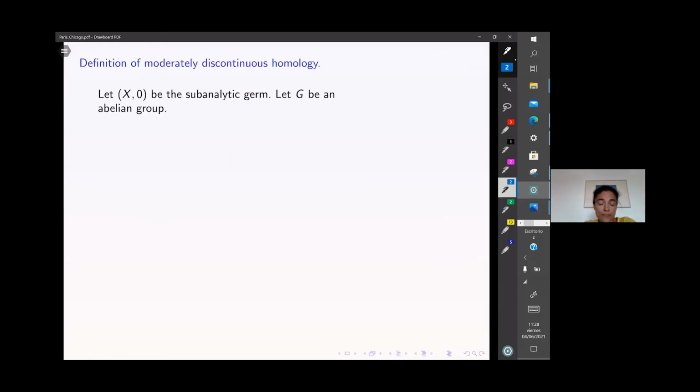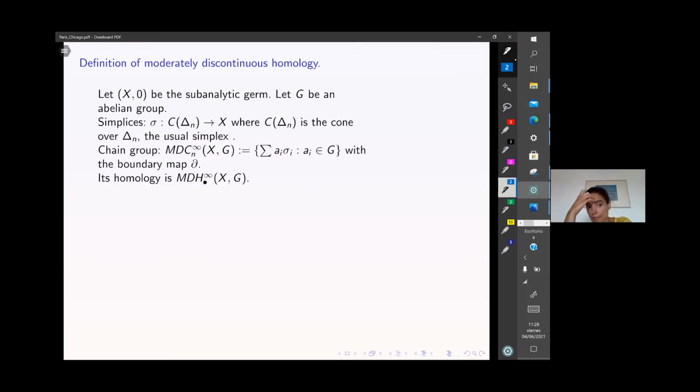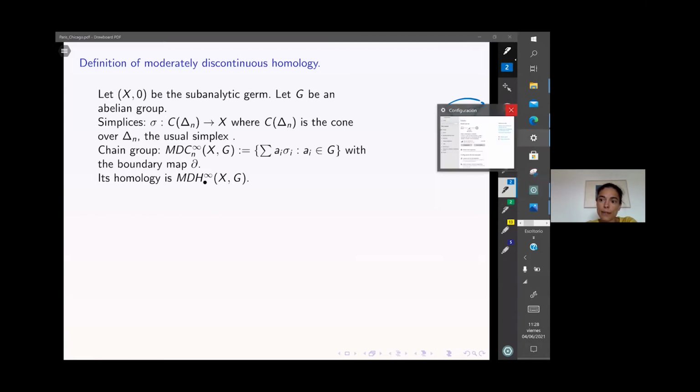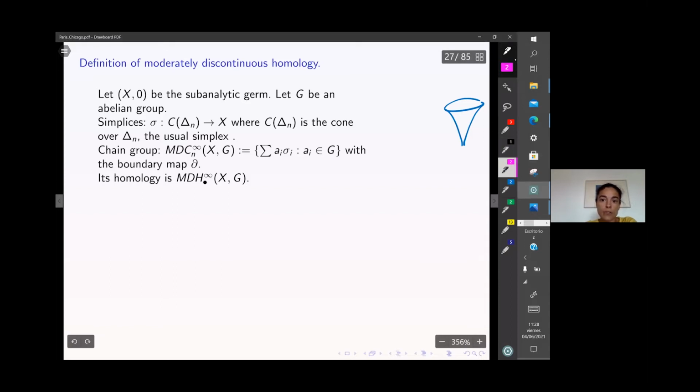Let's see the definition, and we'll see that it's very parallel to the singular one. So we have X a subanalytic germ, G an abelian group. What are the simplices in the theory? Since there is a conical structure at the center of the object we are interested in, the simplices are images of the cone over the simplex.